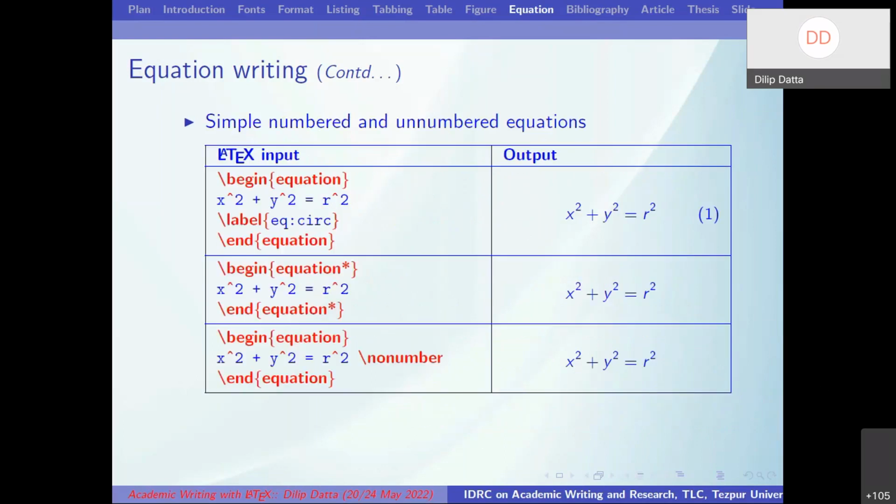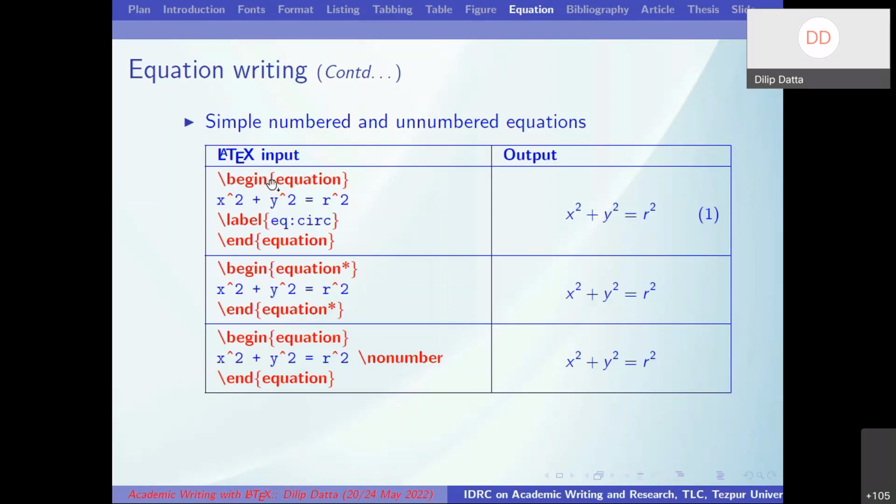Now, let's see how we can produce simple equations in LaTeX. We can do it in different ways. See this first example, it can be produced in the equation environment, which will be created with begin equation and completed with the end equation command.